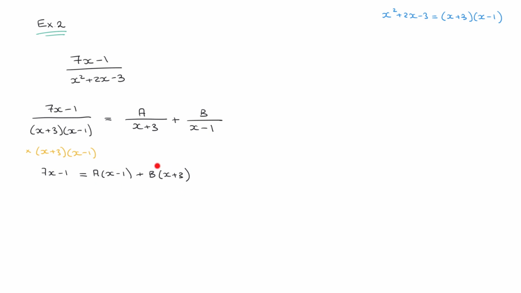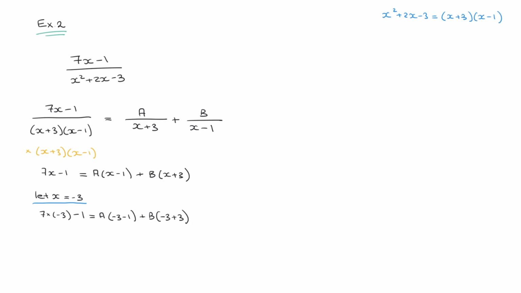All right, now looking at all of this, the first thing we'll do is find a, and for that we'll replace all the x's by -3, since that would make this entire term equal to 0. And so I'll write that here. I'll let x equal to -3. There we go. Okay, so replacing all the x's by -3, this becomes 7 times -3 minus 1 on the left-hand side, and that will equal to a times, in parentheses, -3 minus 1, plus b times, in parentheses, -3 plus 3.